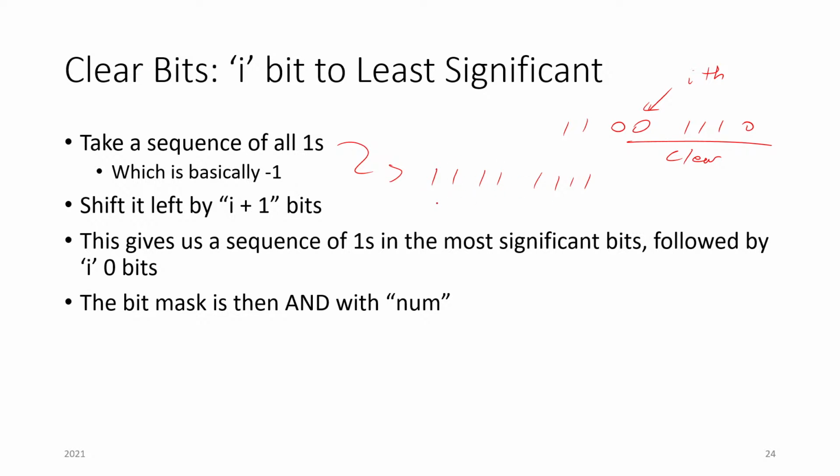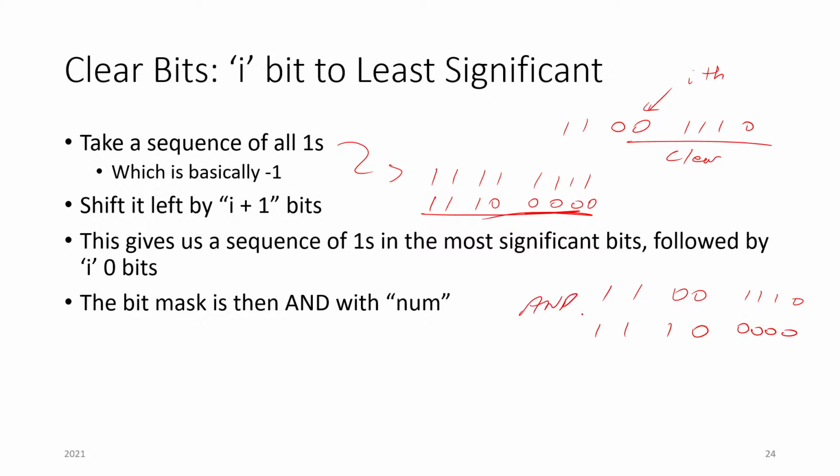When we do this shift here, we'll get 1, 1, 1, 0, 0, 0, 0, 0. So we have our input here, and we're going to be using this to do our clear, which is 1, 1, 1, 0, 0, 0, 0, 0.